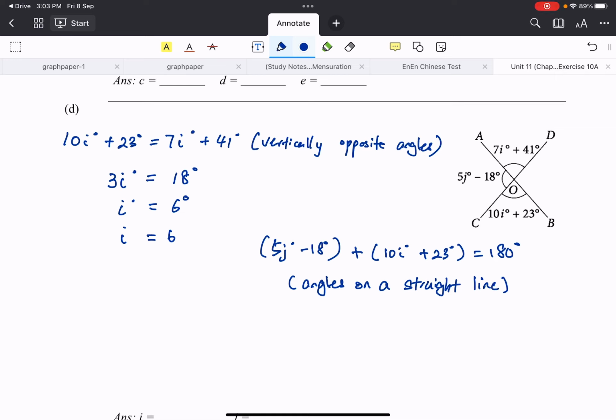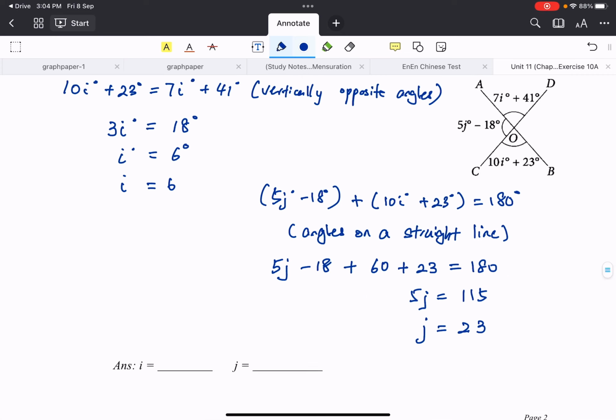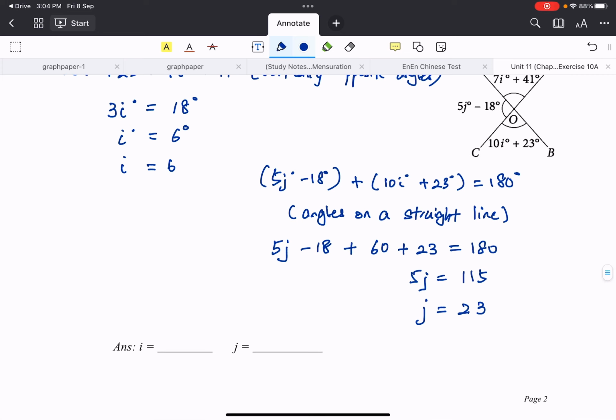Right? So from here, okay, 5j minus 18 plus, now 10i is actually 10 times 6, which is 60, plus 23 equals 180. So 5j is equal to 115. j is equal to 23. There we go. Right? Hope you have been successful so far.